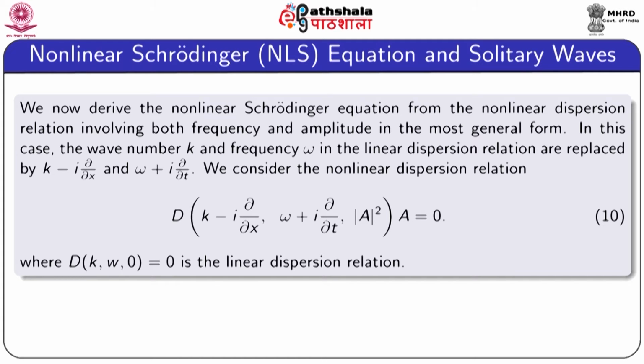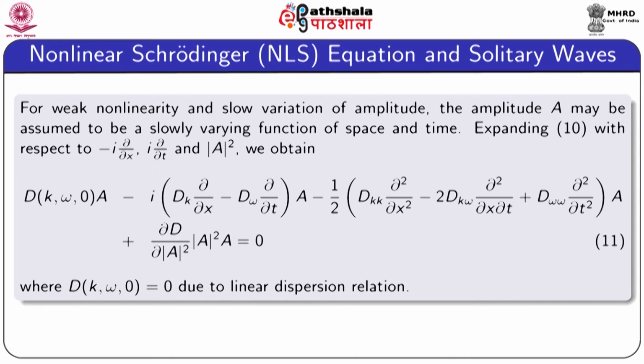From equation 10, if we expand it in Taylor series expansion, we obtain the equation written in 11. Now, if we see the first term, this is nothing but the linear dispersion relation. So, the first term becomes 0.